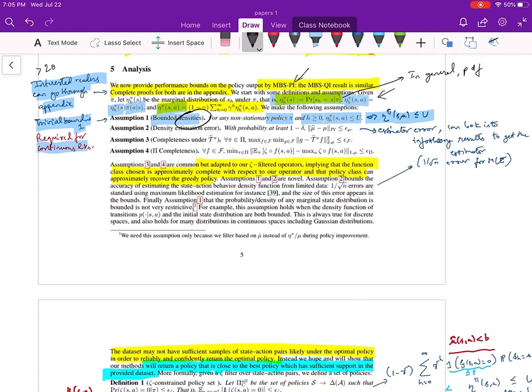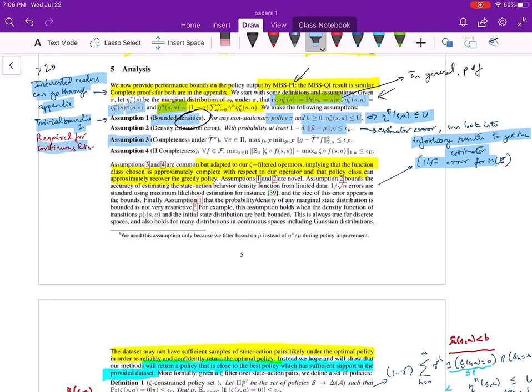Now the second assumption, yeah, it's just the estimator assumption that your mu hat and mu are close enough. You can look at info theory results for getting a better estimator, but here they use the usual MLE estimator, which gives 1 over root n error, where n is the number of samples from the data set.